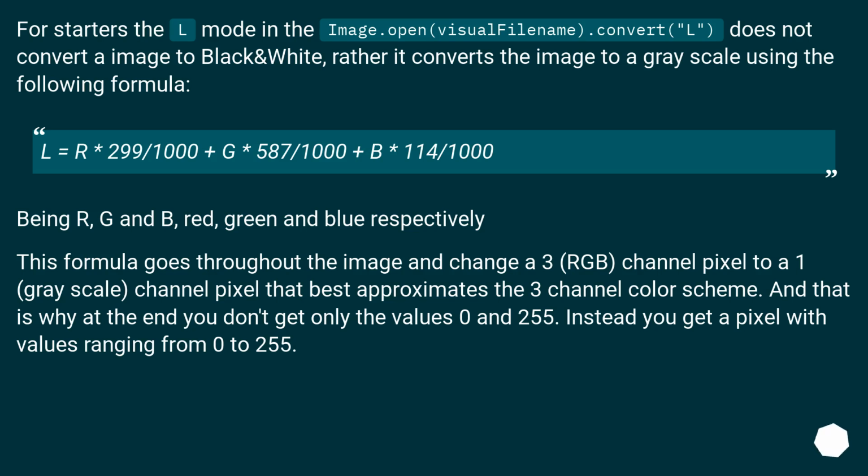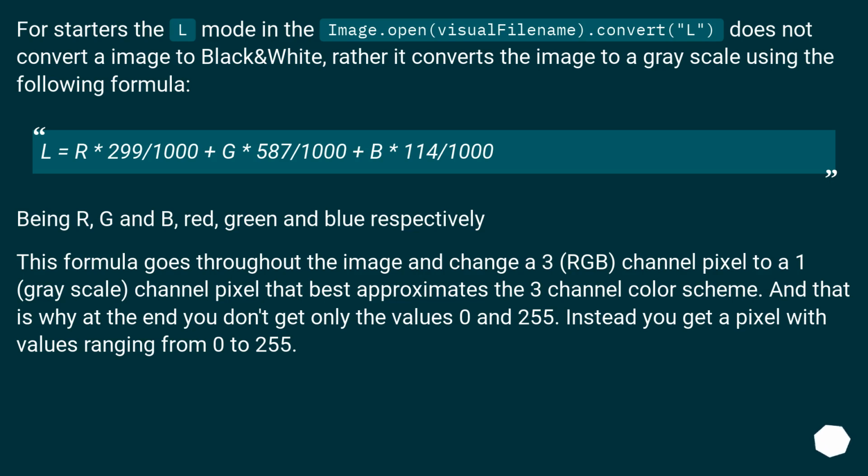For starters, the L mode in image.open(file_name).convert('L') does not convert an image to black and white, rather it converts the image to a grayscale using the following formula. L equals R times 299/1000 plus G times 587/1000 plus B times 114/1000, being R, G and B, red, green and blue respectively.